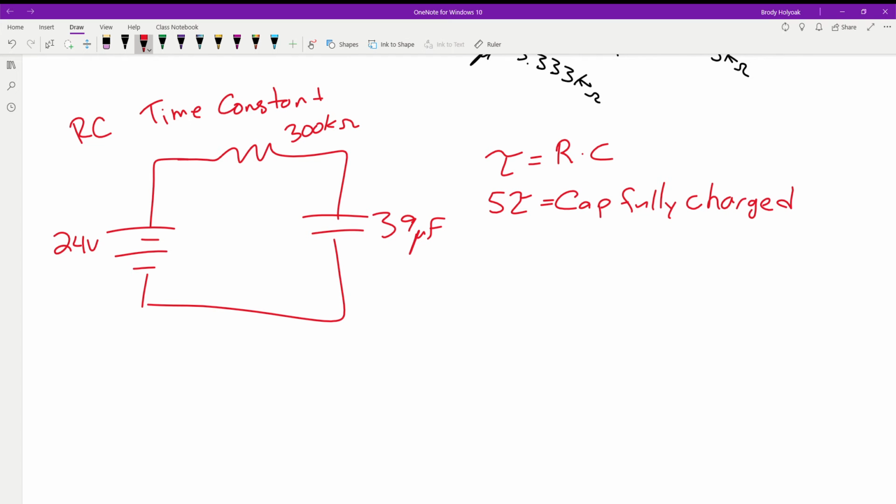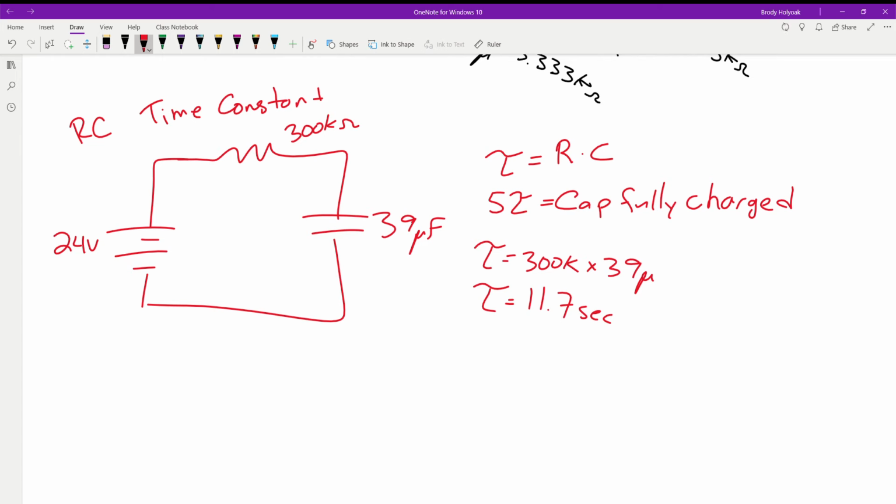That's a T. Not tau, but 5 tau is T, time, right? 5 times your tau would give you, because this is measured in seconds, the total time it would take to fully charge this capacitor. So in this case, tau is going to be 300K times 39 micro, and our tau comes out to be 11.7 seconds.